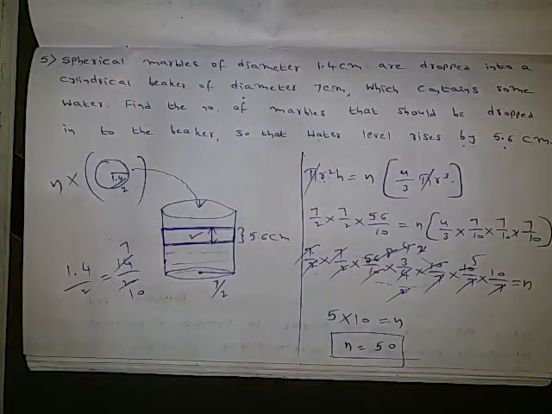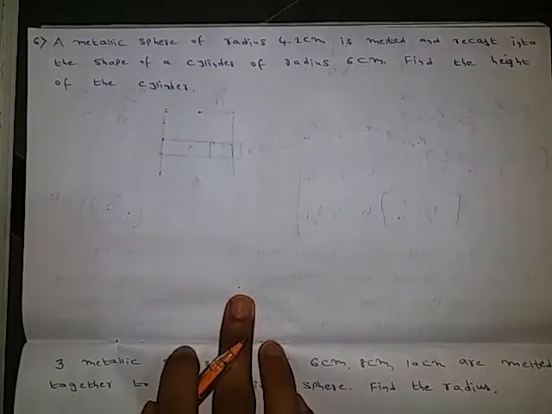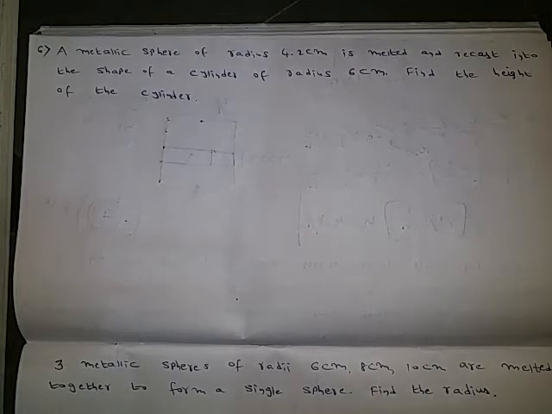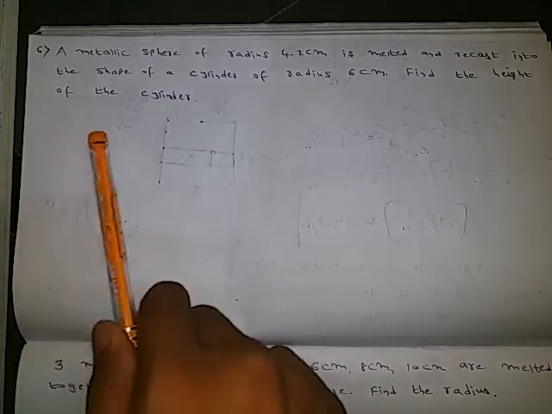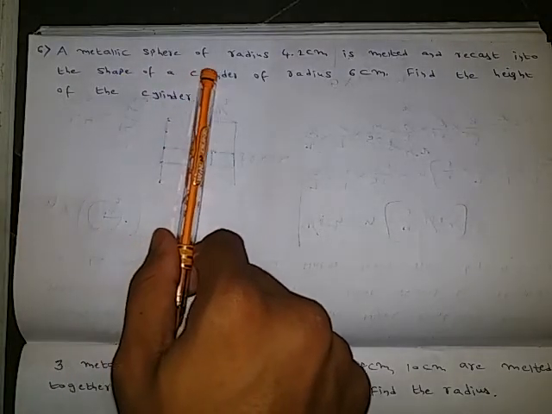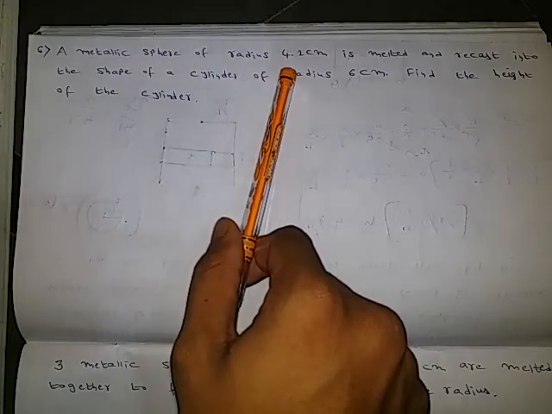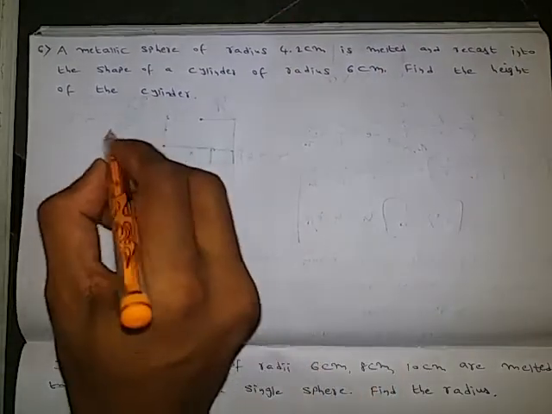Okay, let's move to the next question. Now this topic comes under changing one shape into another shape. So the question is, a metallic sphere of radius 4.2 centimeters.